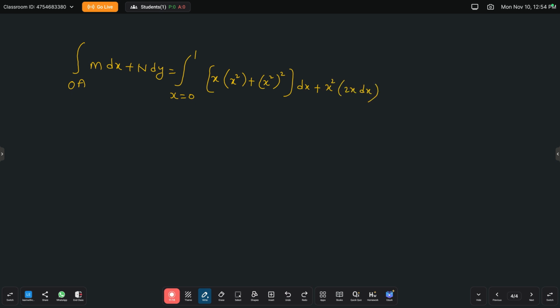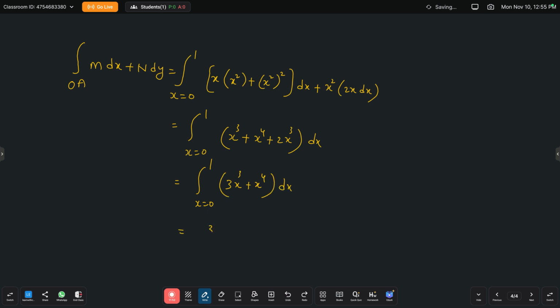That means I completely converted y in terms of x. Now if you simplify this expression, x from 0 to 1, it is x cube plus x to the power of 4, and dx is common, so 2x cube dx. x cube and 2x cube we can add, 3x cube plus x to the power of 4 with respect to dx.